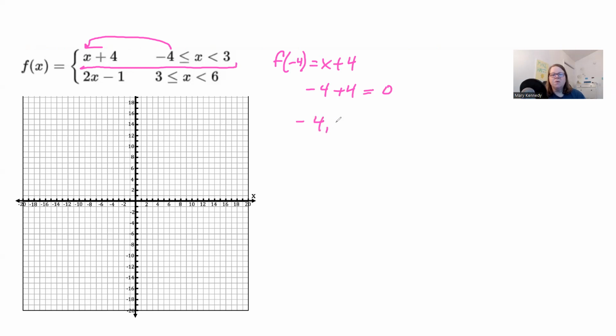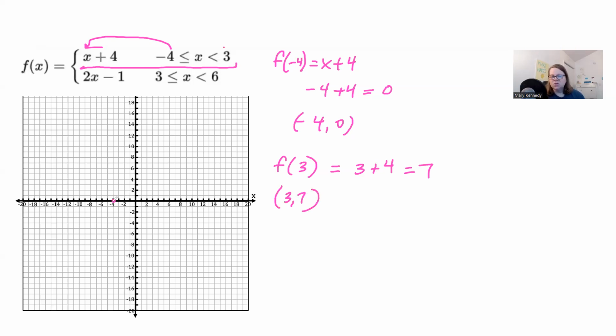So at -4, we should have a coordinate at 0. Okay, that's pretty straightforward. Let's do the 3 now. If x is 3, then what's the function there? So 3 plus 4 is 7. So at 3, we should be up at 7.